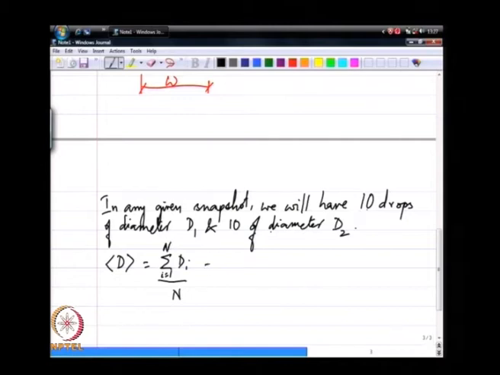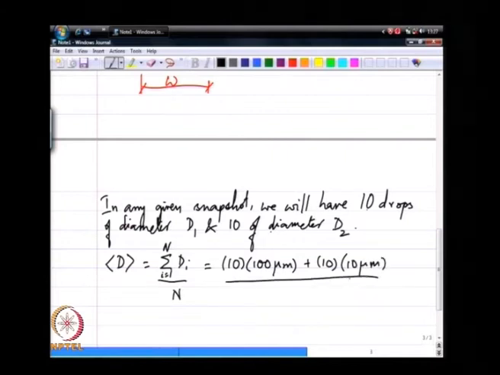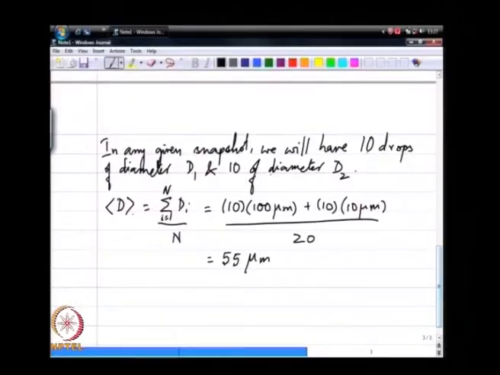If I do this, I have 10 times 100 micrometers plus 10 drops of 10 micrometers divided by 20, which happens to give me a number like 55 micrometers. This is the diameter I get. I will put this as ds for spatial sampling.